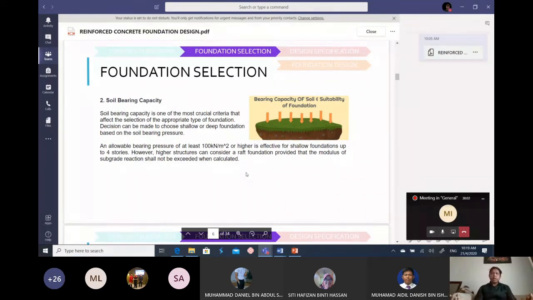For example, if the dimension of the building is like a slab like this one, on top of this you may have your raft foundation, so that when a settlement happens here, the settlement will occur homogeneously to the building.